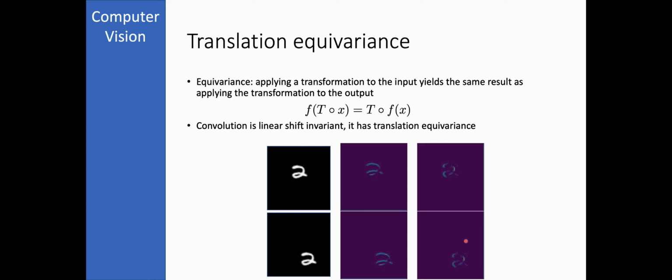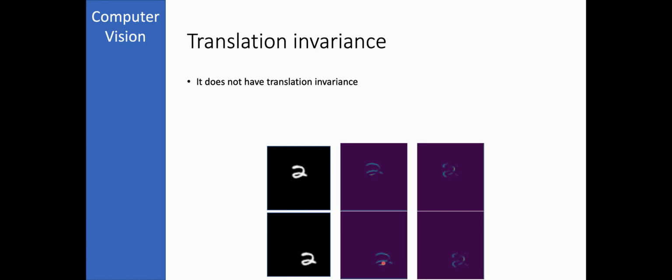They might be different due to discretization, but ideally they're exactly the same, just translated versions. So you can imagine that instead of translating the input, I could have computed the convolutions and then translated the convolutions. So they're translation equivariant. Now, it doesn't mean that it's translation invariance. Actually, convolution layers do not have translation invariance.